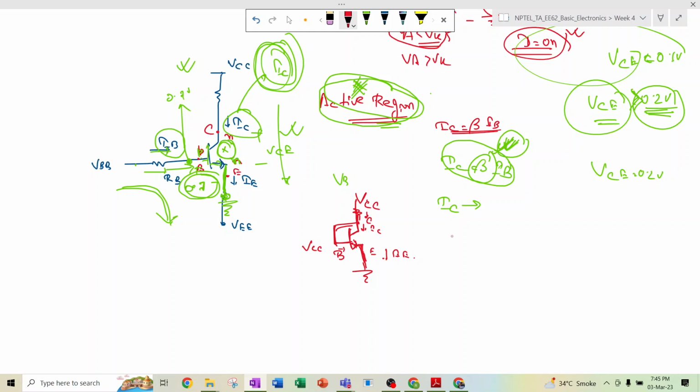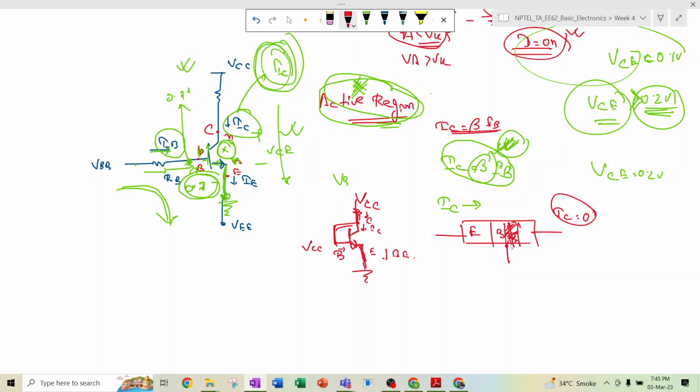So basically, I think there should not be a flow of current, because if you just shorted the base and collector, this is the emitter, this is the base, and this is the collector. You are not putting any bias in that, so the current will not flow, right? So IC will be equal to 0, because this PN junction will not conduct. So how can the current go to the collector terminal?